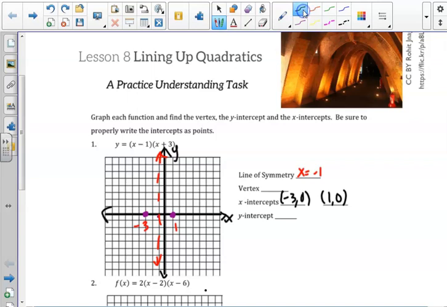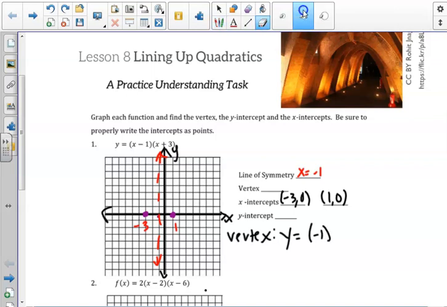So the next step is to figure out our vertex. To figure out our vertex, we discussed that you can plug in your x value for your line of symmetry. So in this case, it was x equals -1. And we're going to plug it back into our original equation that was in factored form.